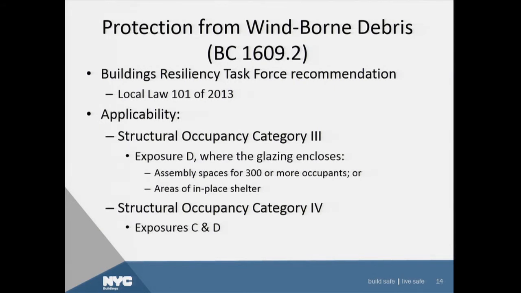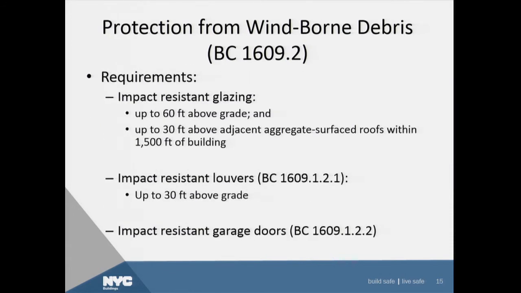Basically, these structures will have to have impact-resistant glazing to protect the occupants from windborne debris and to protect the building envelope itself from windborne debris and to keep its integrity during a wind event. So this impact-resistant glazing has to be provided up to 60 feet above grade and up to 30 feet above adjacent aggregate surface roofs within 1,500 feet of the building.